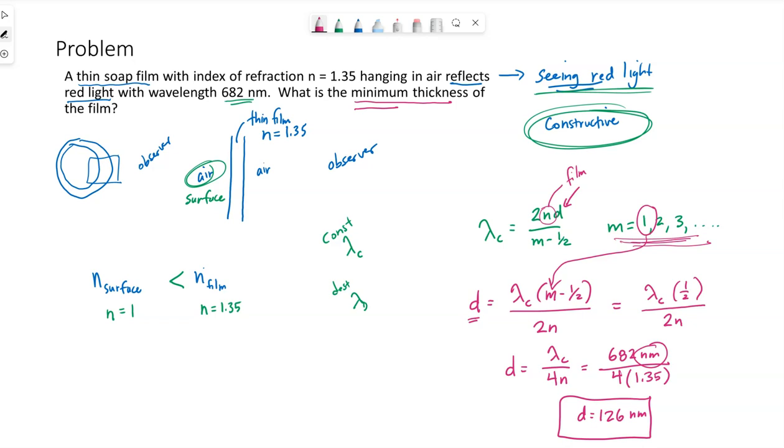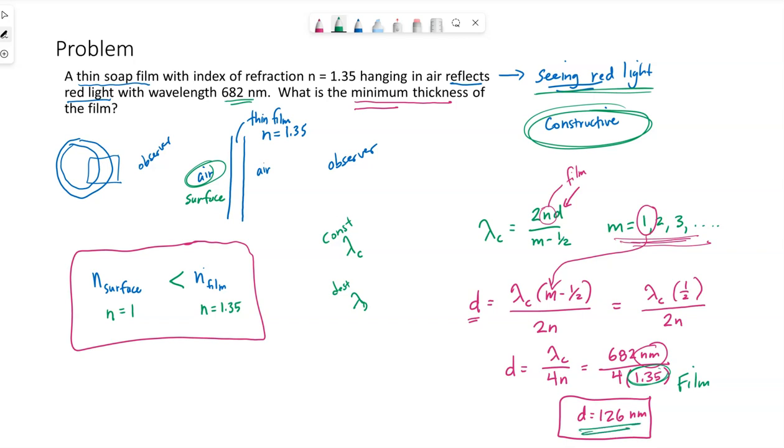I don't put that value in the equation anywhere. But n of the surface is important in determining which equations will give us constructive versus destructive. So we do need to know what it is, but as far as calculating for an answer, the only value of n that we put in is for the film itself.